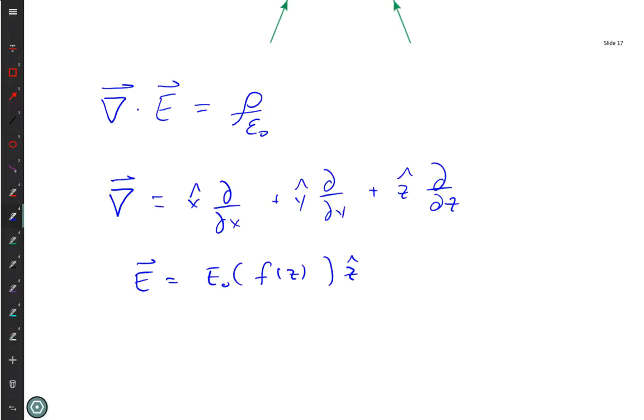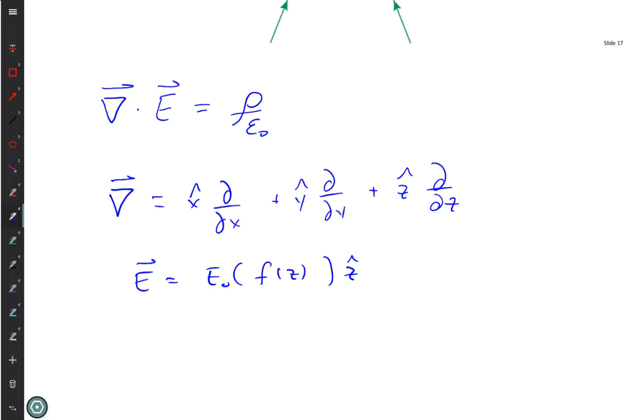Dot product is multiplying which parts? Parallel. So if my electric field is exclusively in the Z direction, then what do I get when I do the dot product? Yeah, just the partial derivative with respect to Z. You can calculate partial derivative with respect to Z, can't you? And then you just have the constant epsilon 0 to take care of. And so it actually turns out to be super simple. You just take a single derivative, multiply by the constant, and you have your answer.